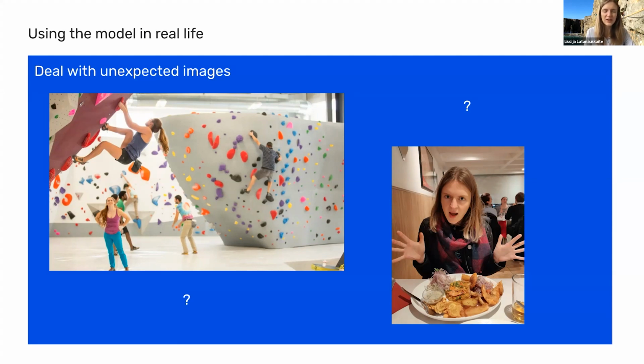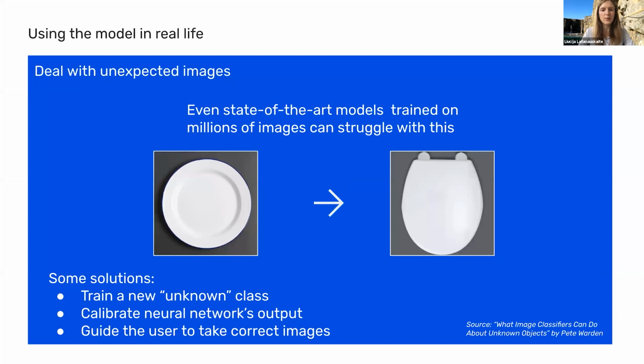And when I started looking into this, I was actually surprised to find it's not a very straightforward problem to solve with a classification model. And even really good models can struggle with that. So an example I want to talk about here is that even state-of-the-art models that are trained on millions of images that can train 1,000 categories really well might have a problem with that.